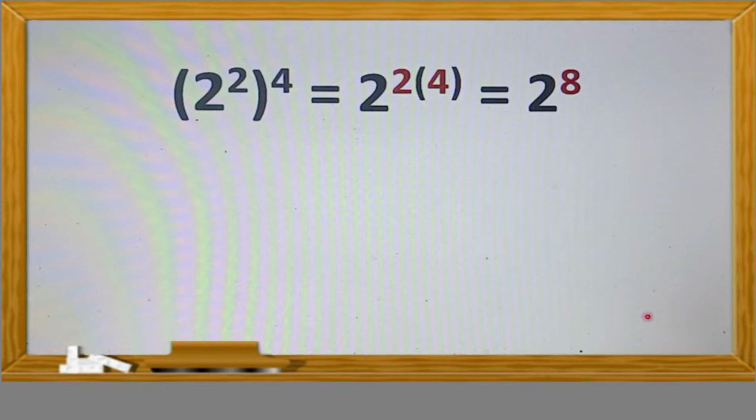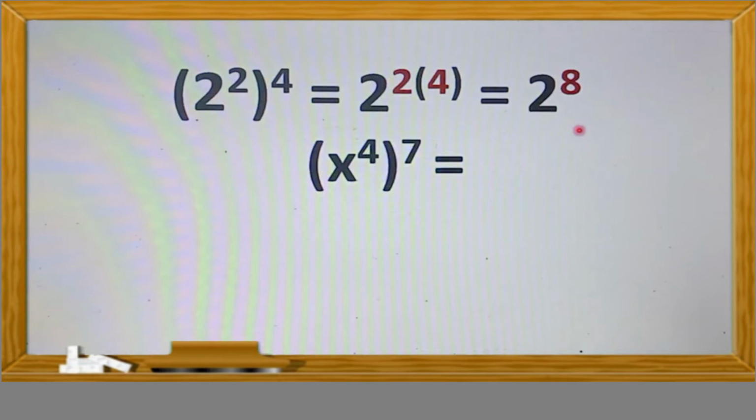We have 2 raised to 2 raised to 4, which is equal to 2 raised to 2 times 4, which is 2 raised to 8. Another: x raised to 4 raised to 7 is equal to x raised to 4 times 7, which is x raised to 28. Just multiply: 4 times 7 is 28.